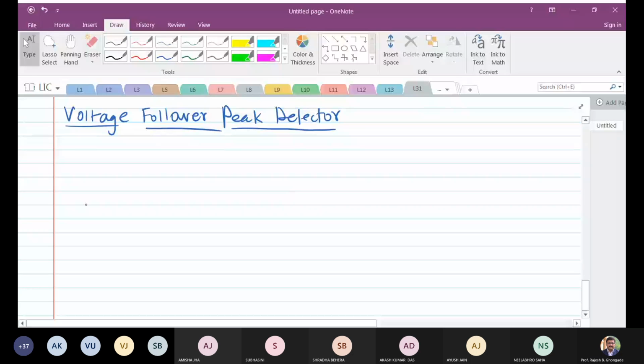Okay. So we have another flavor of this peak detector.